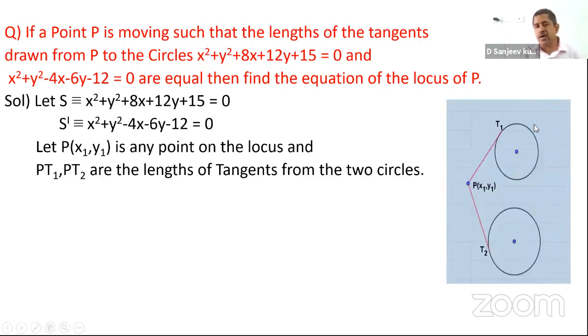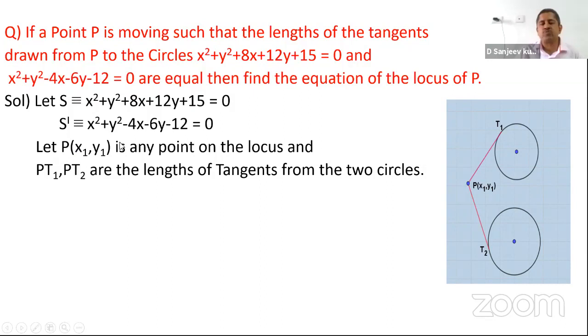See here, you got circle 1 and circle 2. You see here, this PT1 is a tangent to the first circle. PT2 is a tangent to the second circle. This point P is moving. Whenever this point is moving, it is ensuring that PT1 and PT2 are equal. So we have taken S is equal to the circle equation, S dash is equal to the second circle equation.